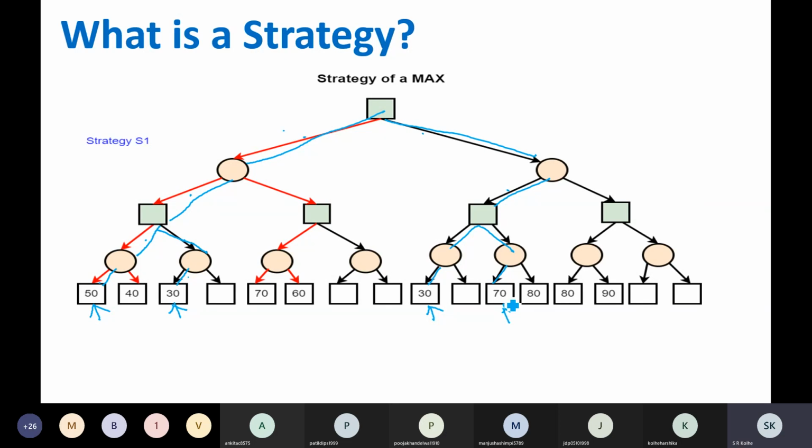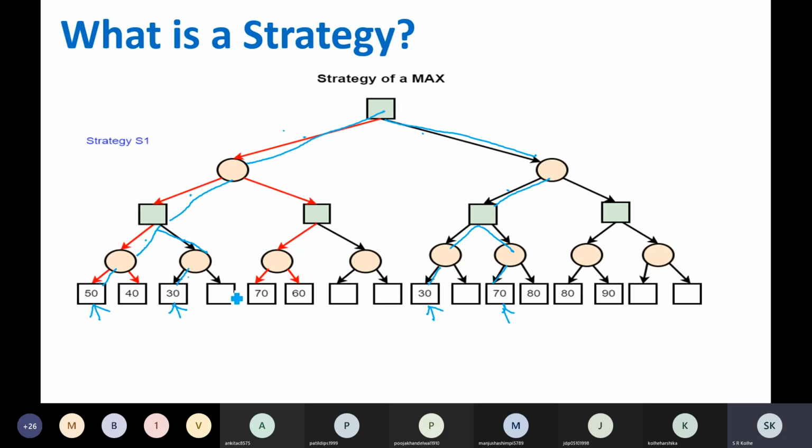Now this is not unique. Somebody may ask, why only left? You can select the right one also. In that particular case, the set of nodes selected will be, instead of 50, this 40, and instead of this 30, this node is another possibility.